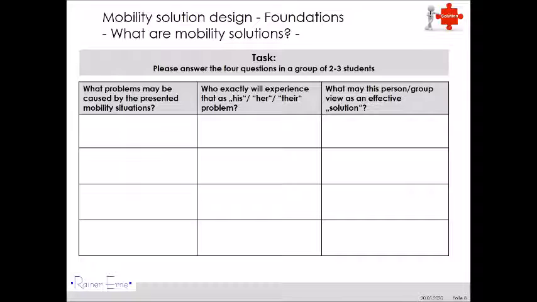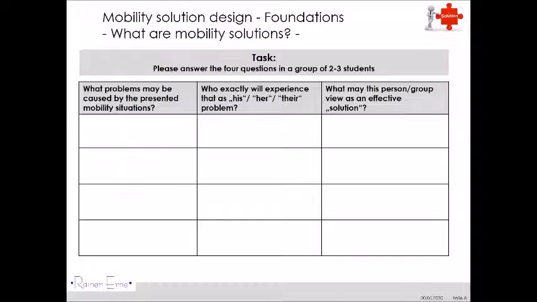There are a number of problems, and with every solution you design, you will address only a couple of problems, and therefore you should have an overview of the different problems which will arise. Please try to name and define the problems which will be caused by this situation.